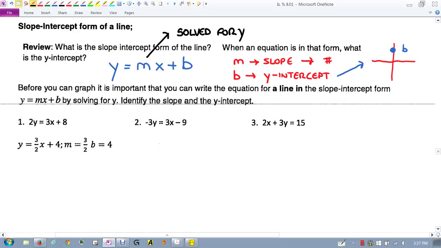Y, you've got y by itself. Right side is also simplified. And what I mean by that is that there are no parentheses, there's nothing being squared, everything on the right side is cleaned up. If you can do that, solve for y and clean the right side up, you are in slope-intercept form. And with that form, you can always identify the slope and the intercept.